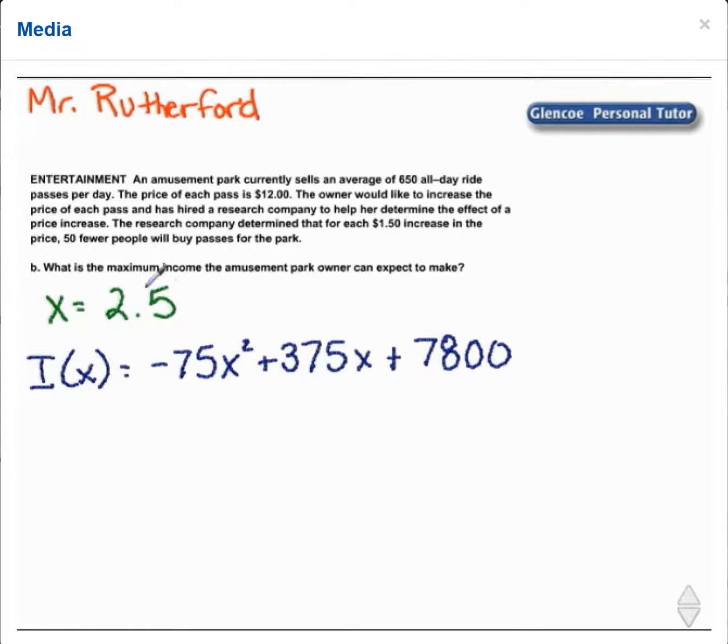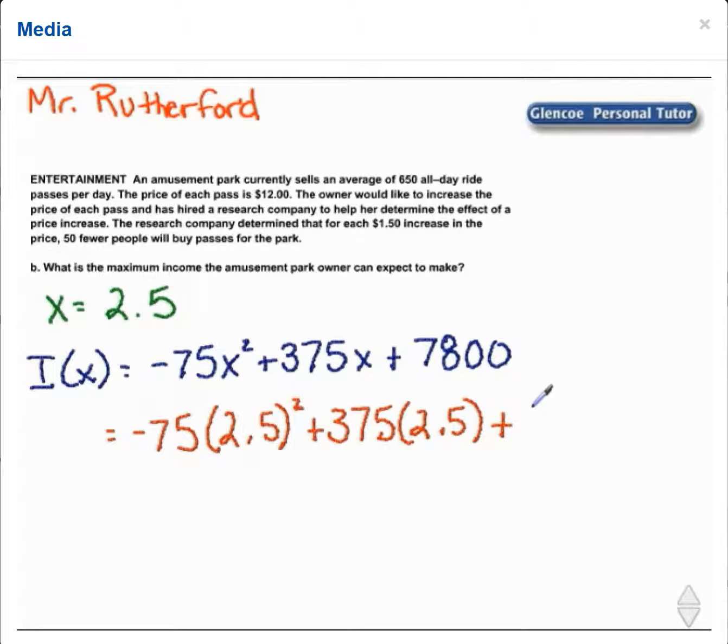So we're going to substitute 2.5 in for x in the function. So negative 75 times 2.5 squared plus 375 times 2.5 plus 7,800.